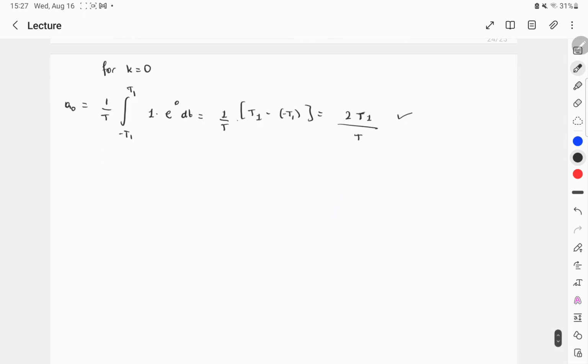However, if k is not equal to 0, then what will we have?